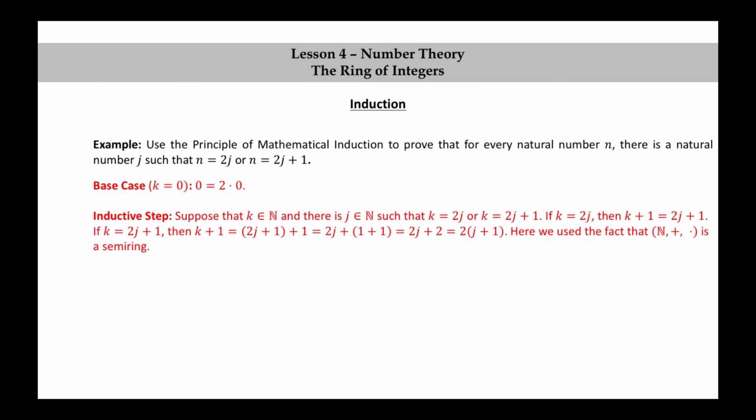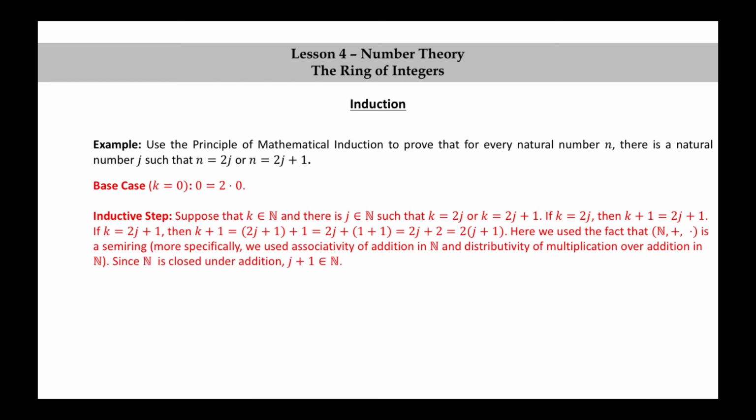And again, I'll sum this up by saying here we use the fact that N with plus and times is a semiring. More specifically, we used associativity of addition in N and distributivity of multiplication over addition in N. I spelled it out this time just so that you could see we're really only using semiring properties.